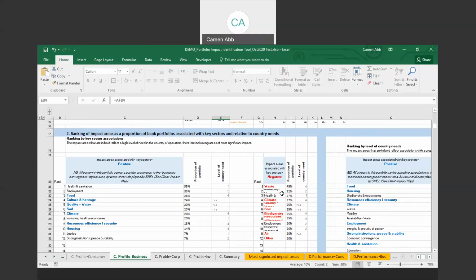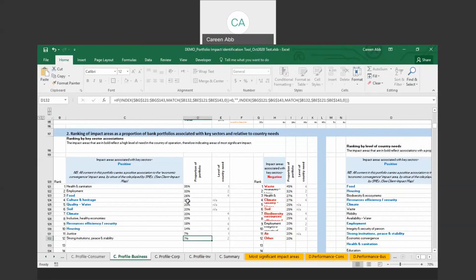What this means is that you are getting a listing and a ranking here of the impact areas to which your portfolio is associated, in the order that reflects basically the highest proportion of portfolio to the lowest proportion of portfolio.